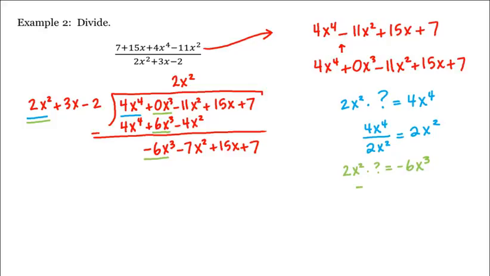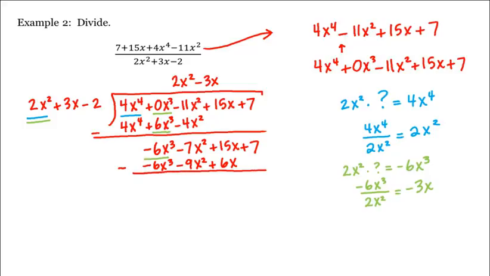Because negative 6x cubed divided by 2x squared is equal to negative 3x, which is the next term in our quotient. So we have a negative 3x. And then negative 3x times our entire divisor gives us negative 6x cubed minus 9x squared plus 6x. Again, we subtract.